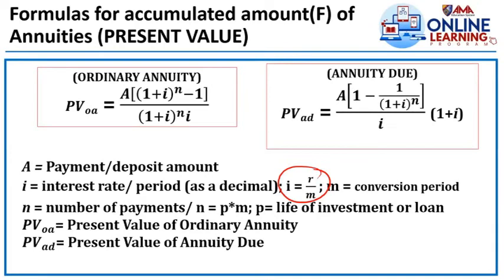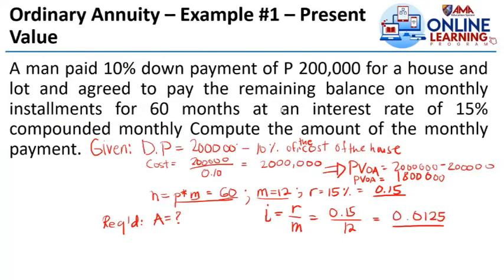N equals p, the life of investment, for example 5 years, multiplied by the conversion period: annually, semi-annually, monthly. Then PVOA is the present value of ordinary annuity, while PVAD is the present value of annuity due. Now, let's have an example for ordinary annuity.